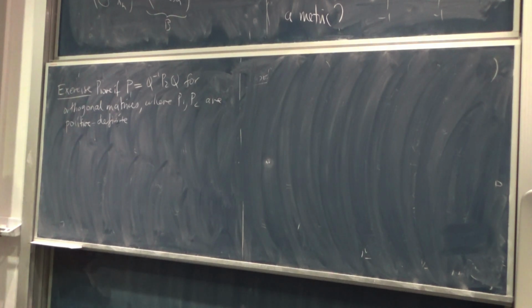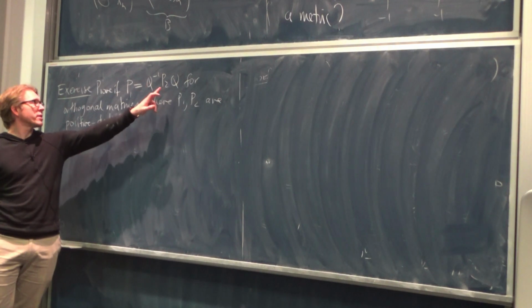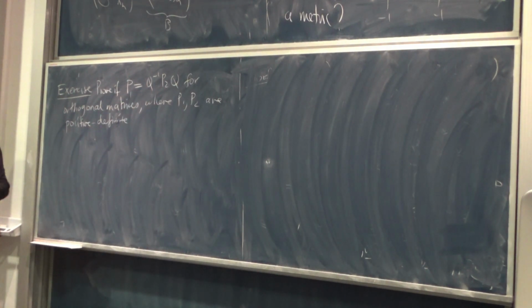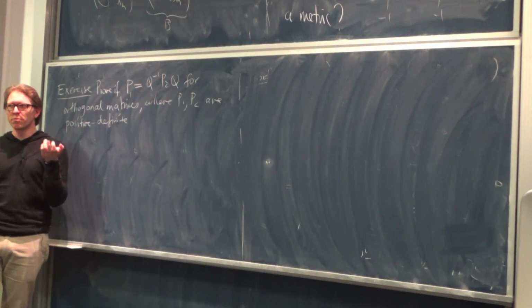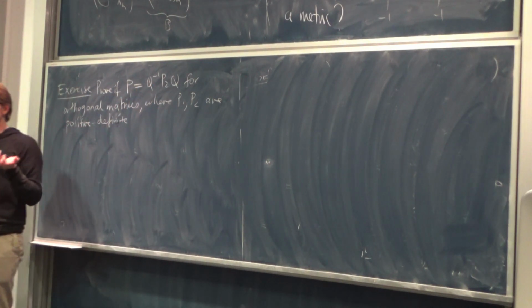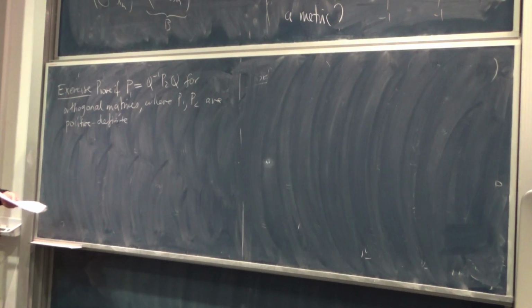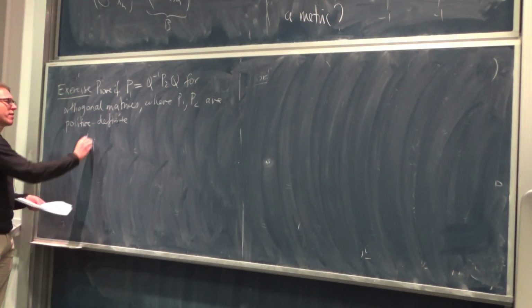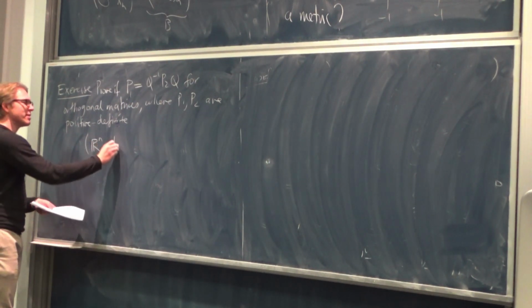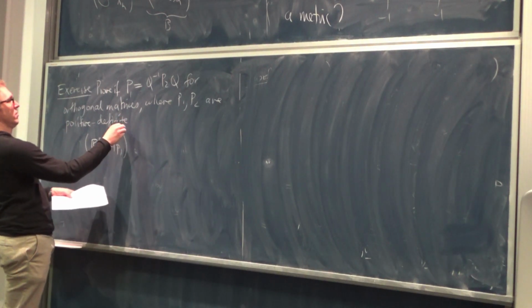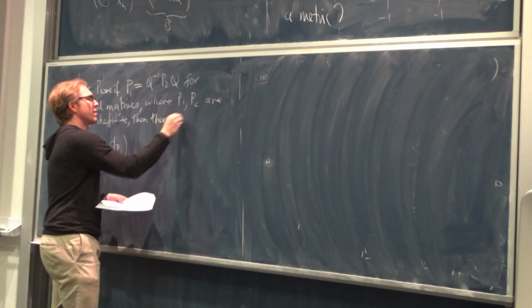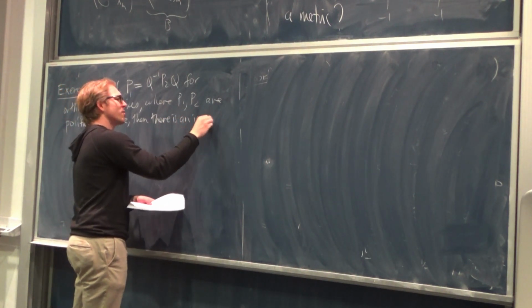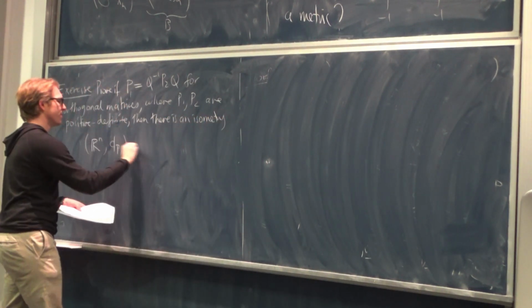The appropriate kind of change of basis is an orthogonal matrix. Orthogonal just means Q^T Q is 1. So this is the appropriate notion of when two positive definite matrices are essentially the same in linear algebra. And you can check that if they're essentially the same in this sense, then they give rise to essentially the same metric spaces.